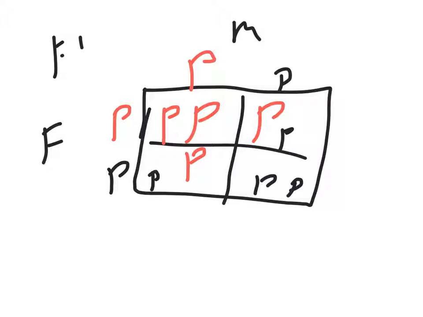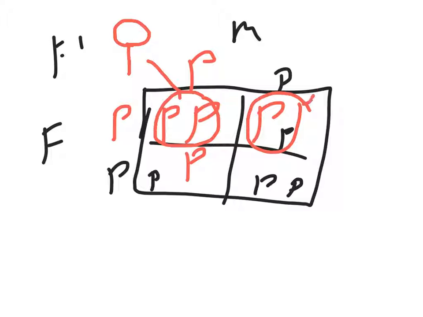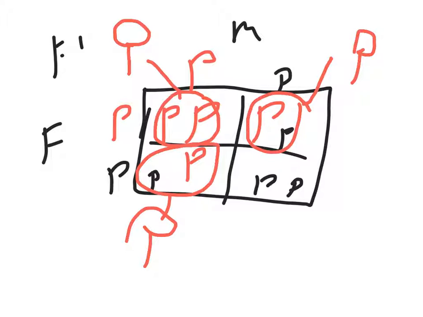Okay, so for this, we have purple flower. For this, we have purple flower. For this, we have purple flower. And for this, we have a white flower.